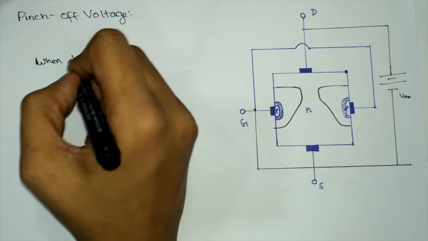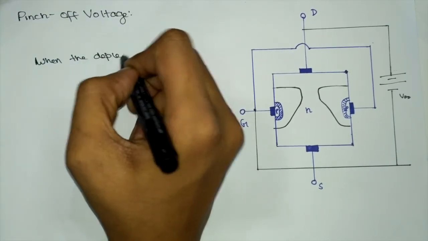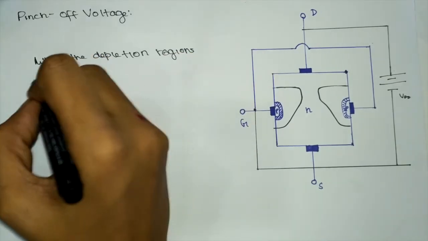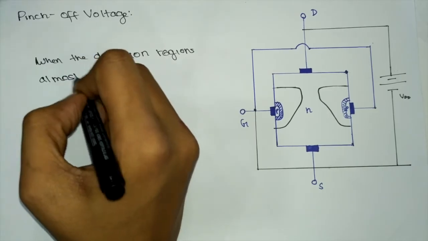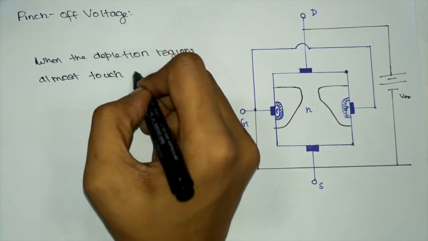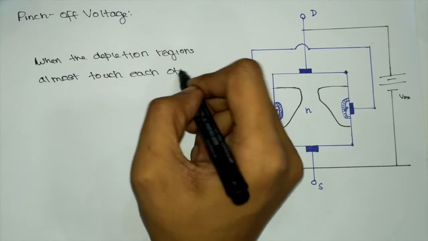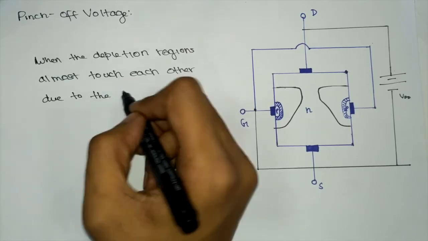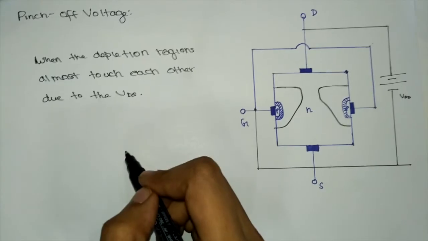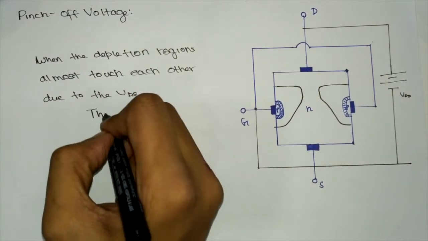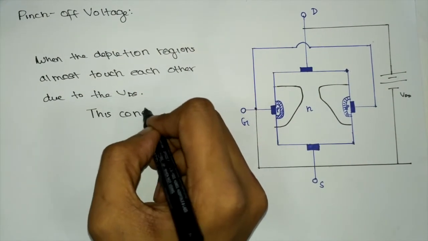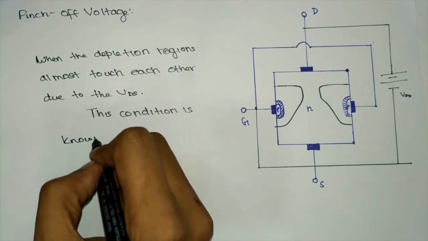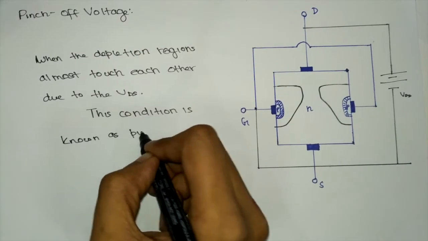So when the depletion regions almost touch each other due to the potential VDS provided, this condition is known as pinch off.